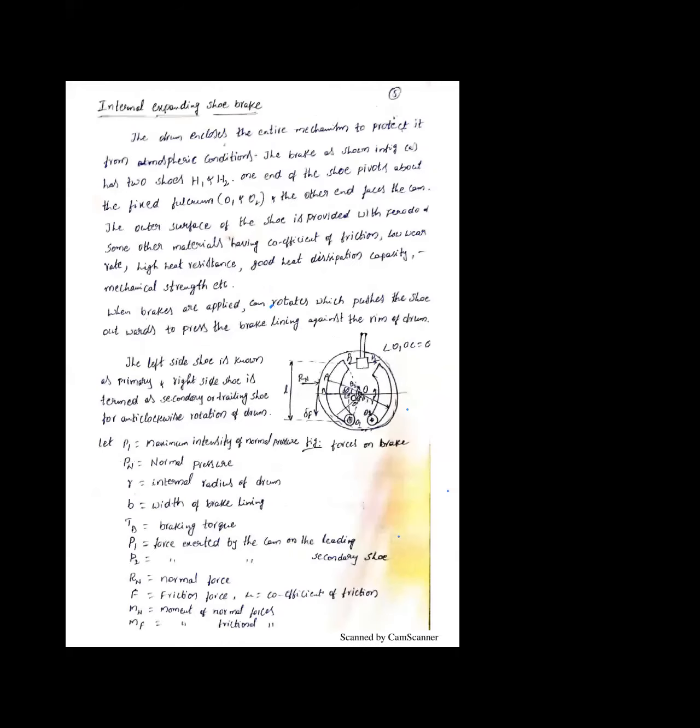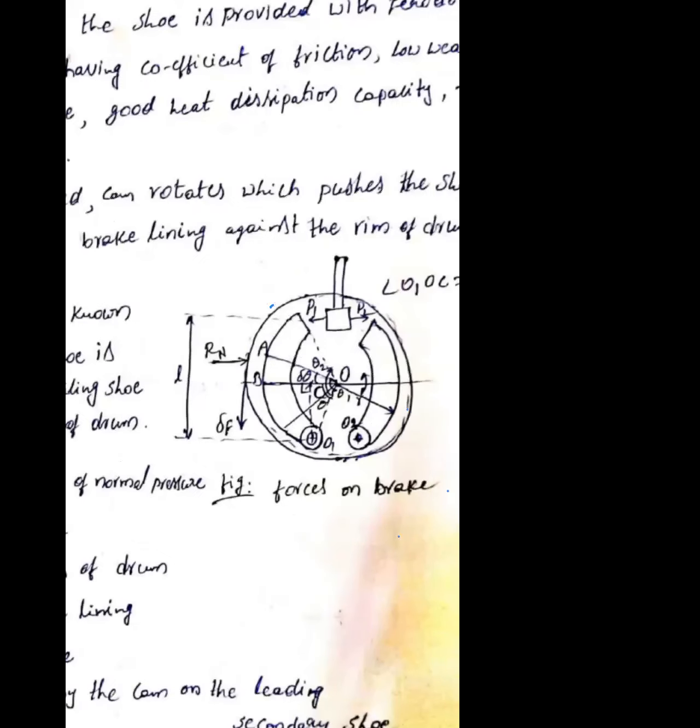The rate of wear of the shoe lining varies directly as the perpendicular distance from O1 to B, that is O1C. So observe the diagram: O1 is there, O1B is there, and O1C is also there.